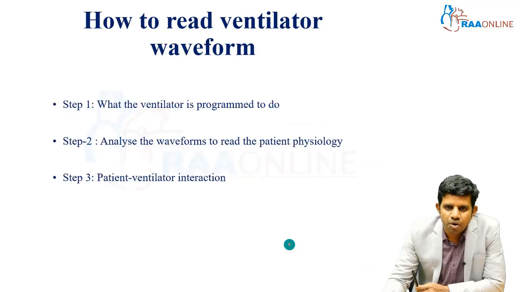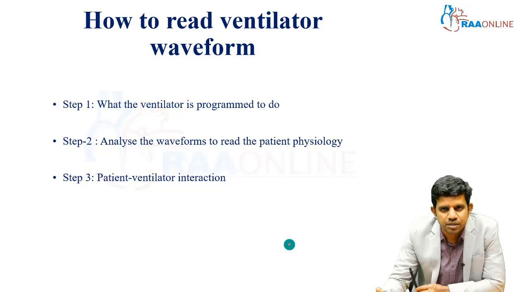Then first, how will you read the ventilatory waveform? The first step is what the ventilator is programmed to do, which means what mode of ventilation you selected for the patient. A mode gives the information about a predetermined pattern of interaction. For example, if it is volume control, your flow will be constant irrespective of the patient's resistance and compliance.